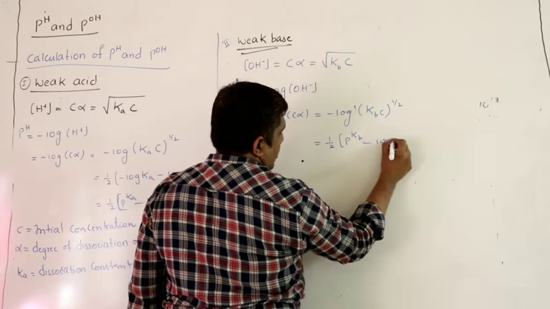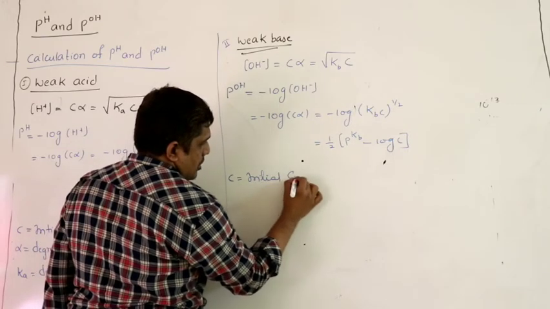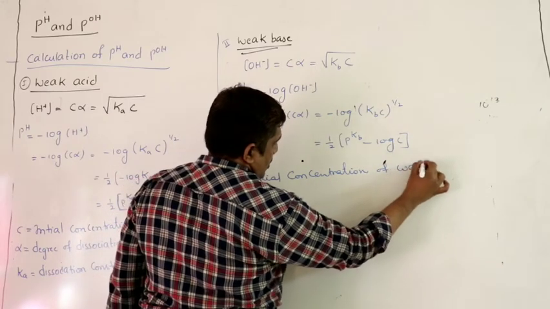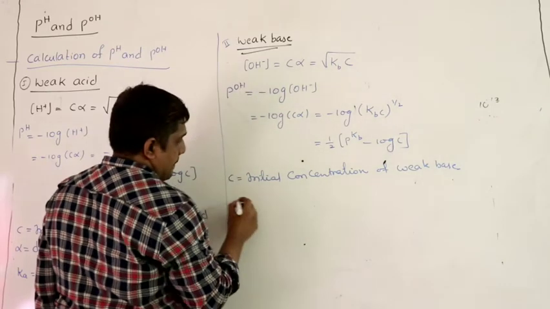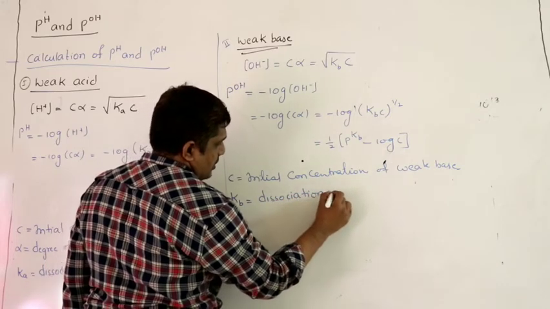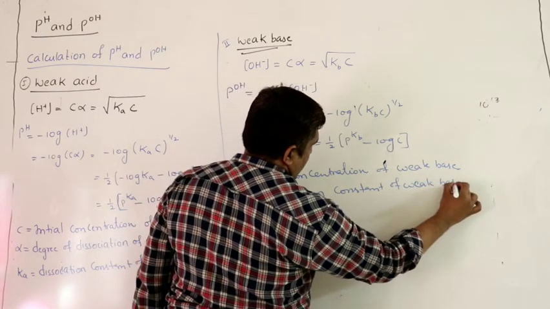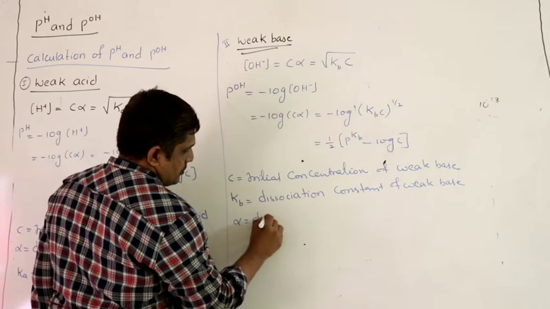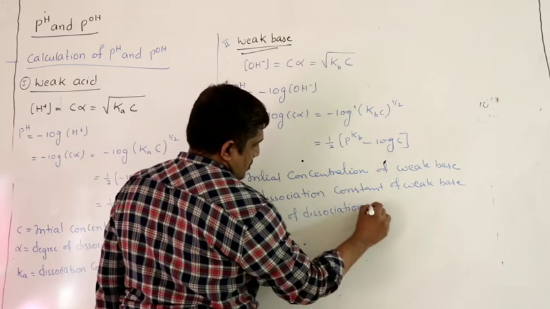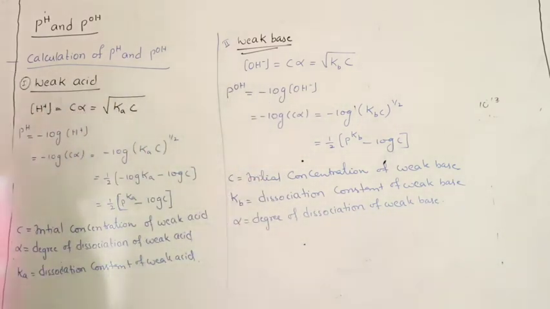Half pKb minus half log C, where C is the initial concentration of weak base, Kb is the dissociation constant of weak base, and alpha is the degree of dissociation of weak base.